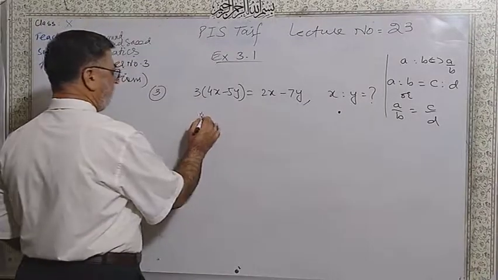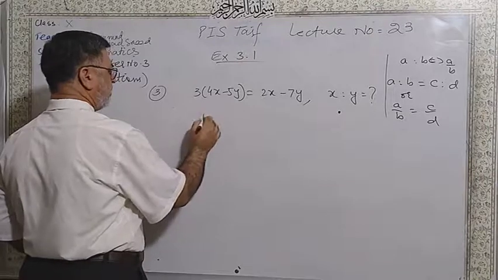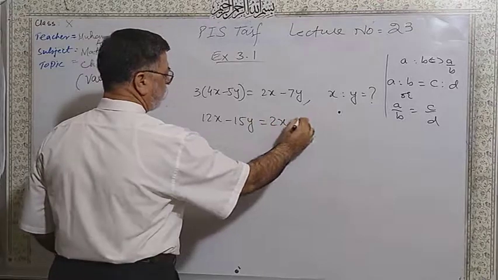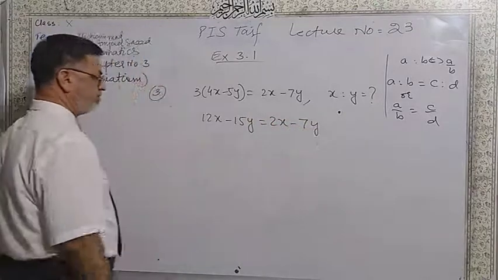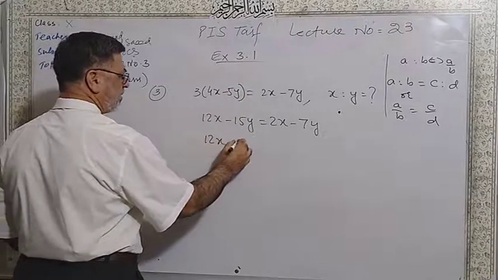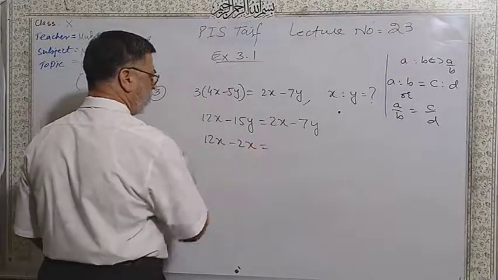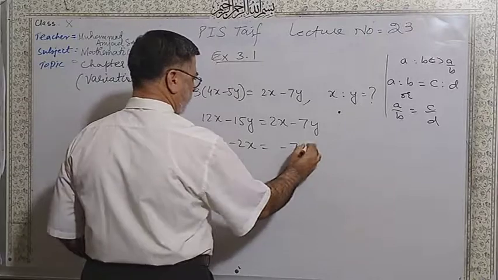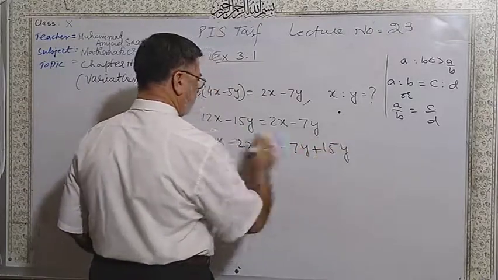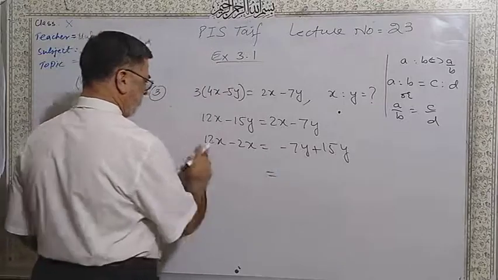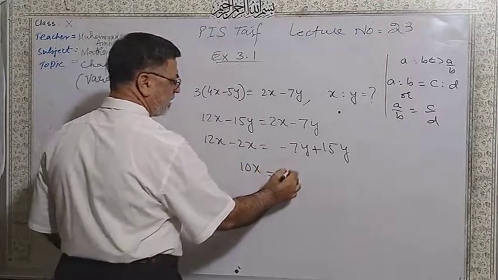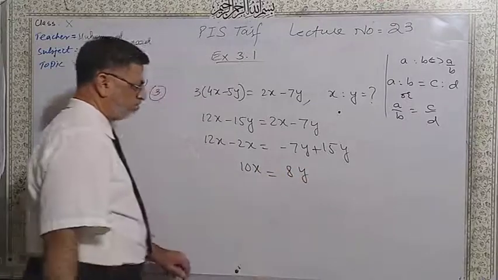You will multiply, that is 12x minus 15y equals 2x minus 7y. Bring 2x to the left hand side, it will become minus, and 15y on the other side, it will become positive. 12x minus 2x is 10x, that is equal to 8y.